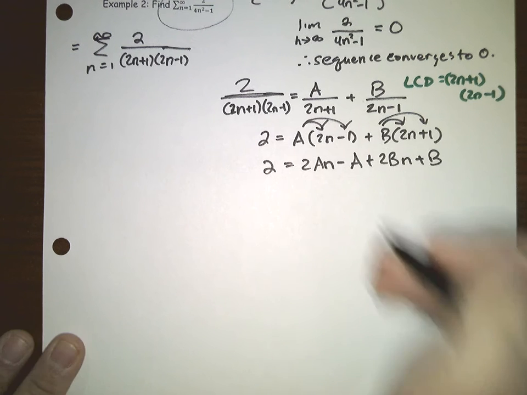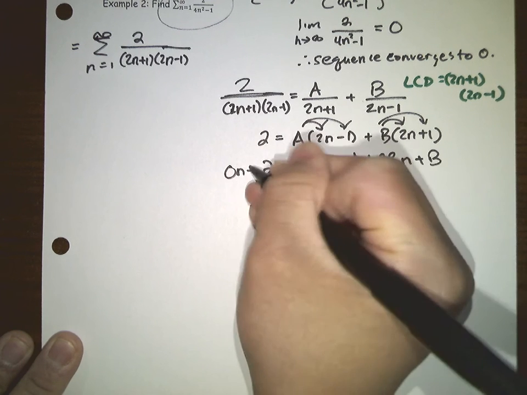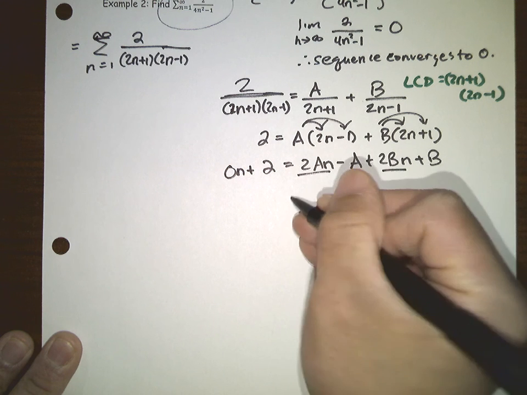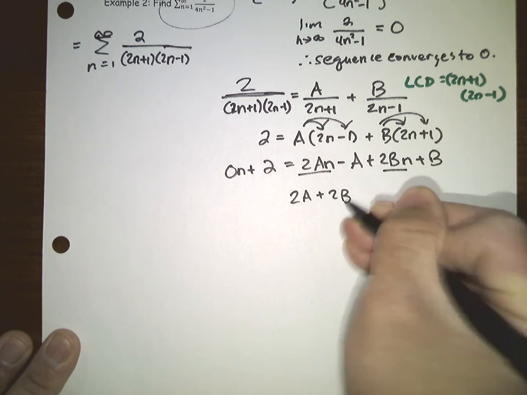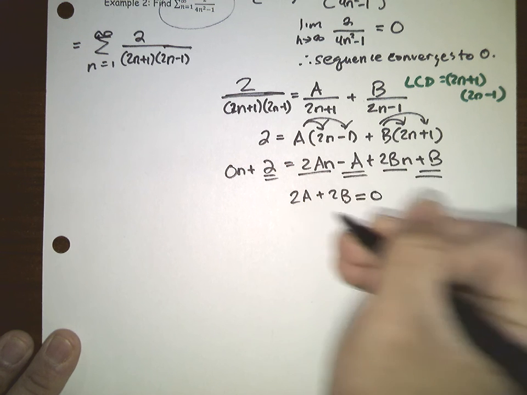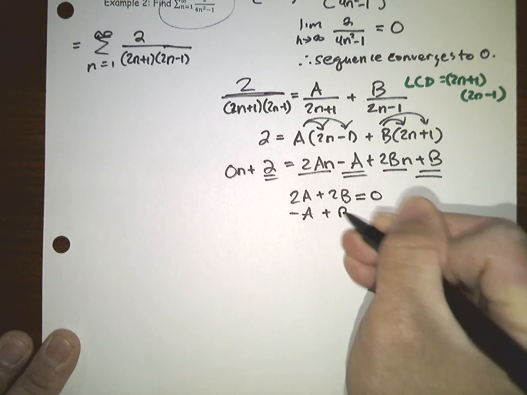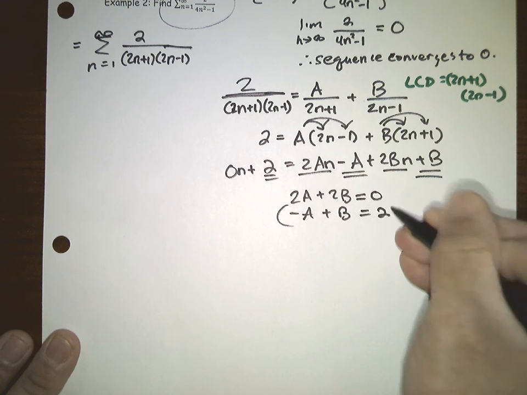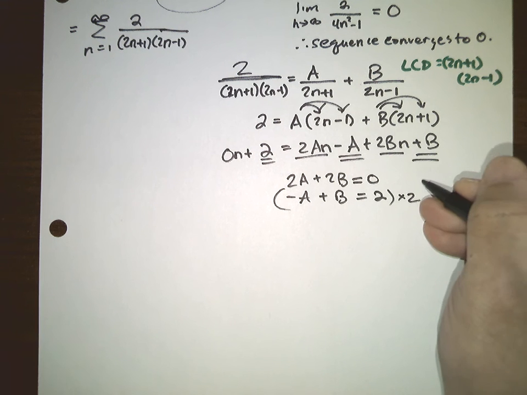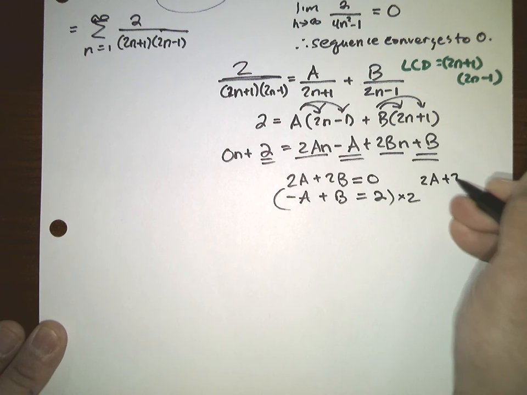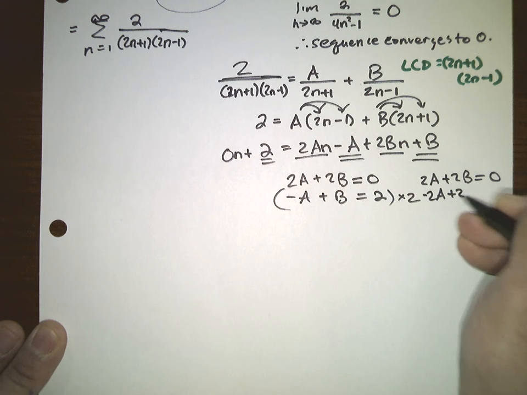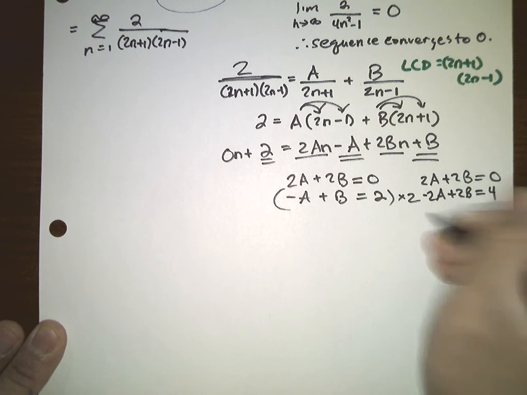Then I have 0n plus 2 over here, so I equate the coefficients. So 2A plus 2B is 0, and for the constant terms, negative A plus B is equal to 2. I'll multiply the second equation by 2 to eliminate the A's. So 2A plus 2B is 0, and negative 2A plus 2B is equal to 4.